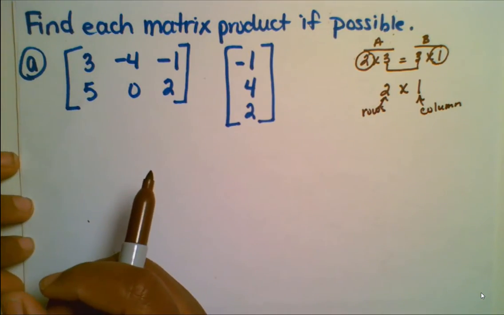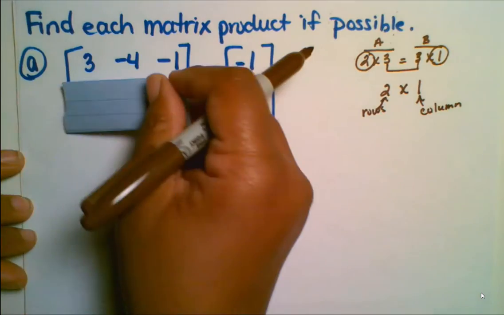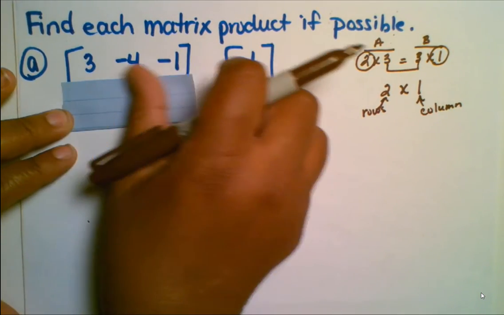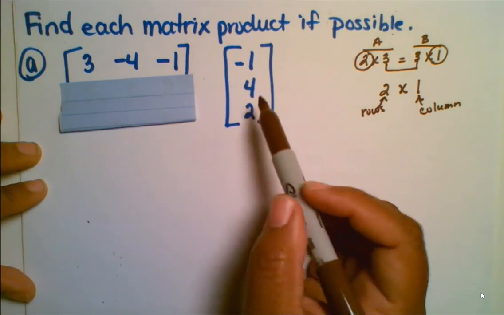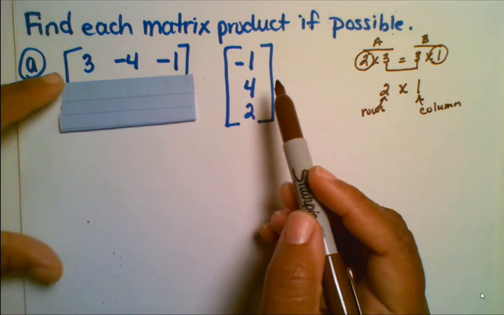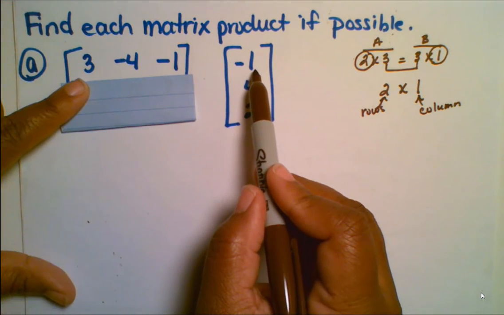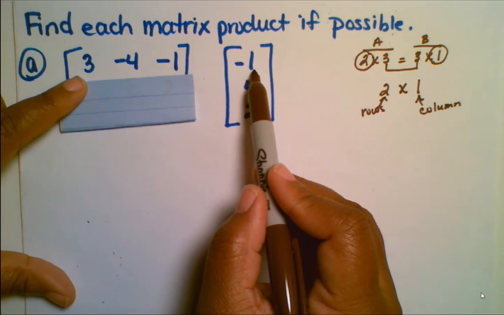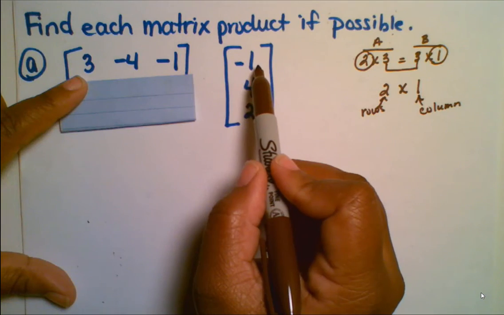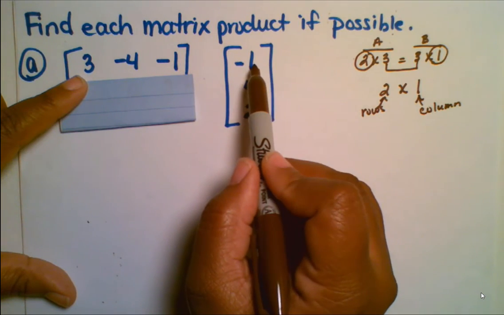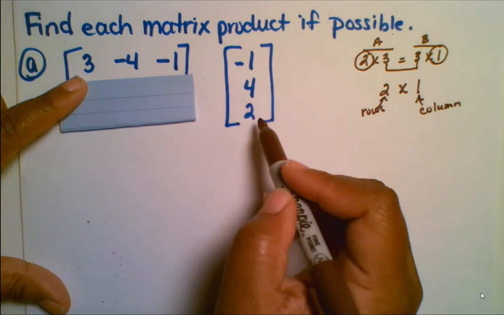Okay, so what we're going to do is look at the first row and then our column. So this is how we're going to write it out. You're going to multiply the first element in the first row to the first element of this first column, our only column.